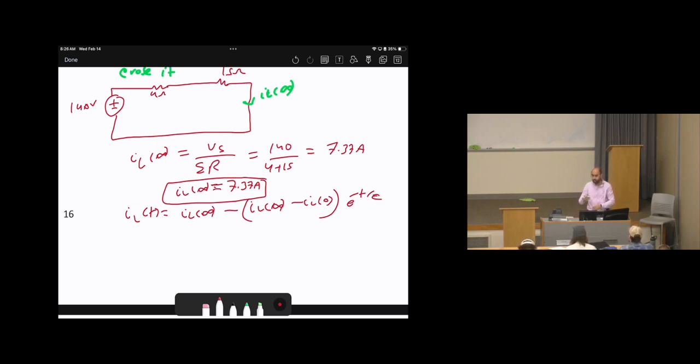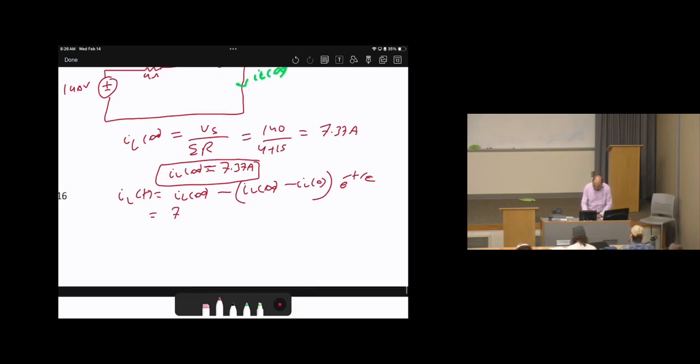So here I'm just giving you some tips so you can try to get more points. Okay, then let's substitute the values. 7.37 minus, 7.37 minus IL of 0, which was 5.6, e power negative t over 0.5.